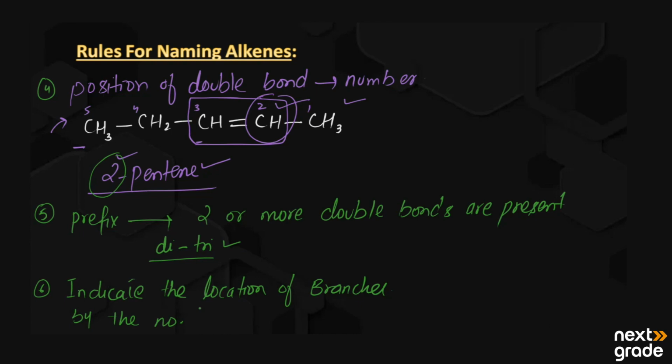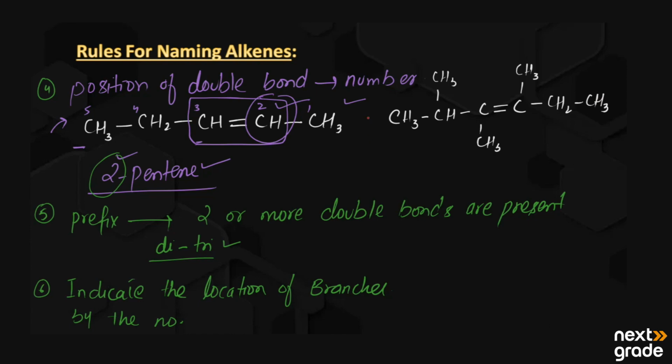So let's have a look at an example. Here we have a compound like this: CH3-CH, which has a branch CH3; next we have C with a double bond to C, each having a branch; next we have CH2 and CH3. Remember the first rule: we must choose the longest chain that has the double bond.